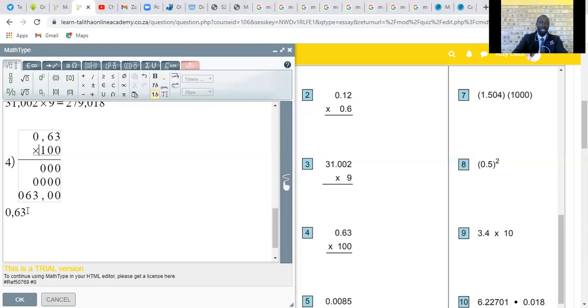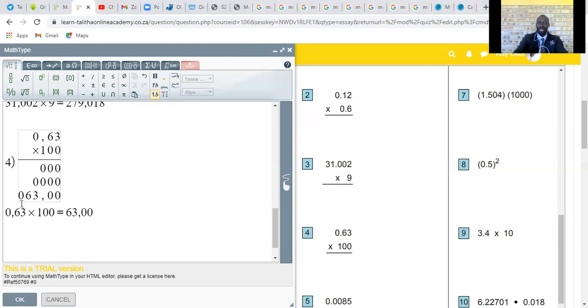And now, from here, we can conclude that 0.63, when multiplied by 100, what we are going to get is 63.00. This 0 which stands before 63 is not necessary for us to write.